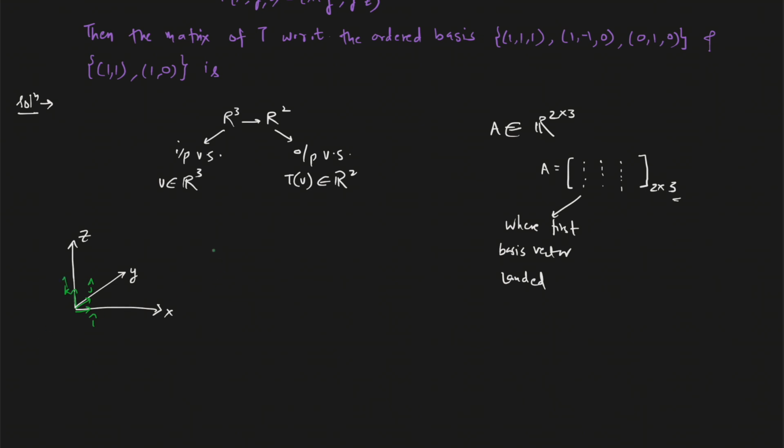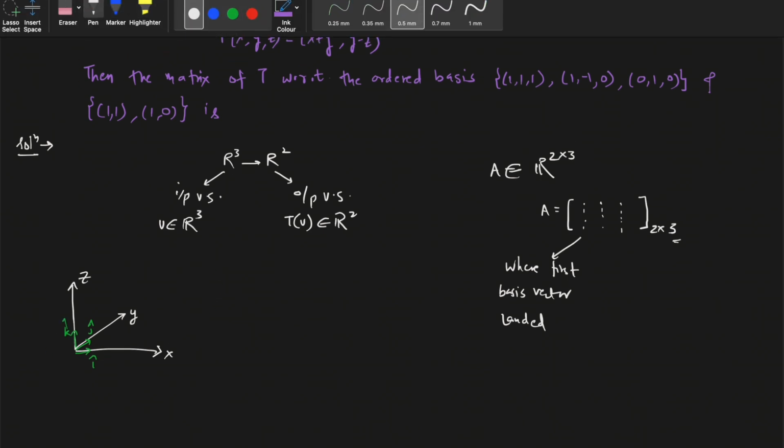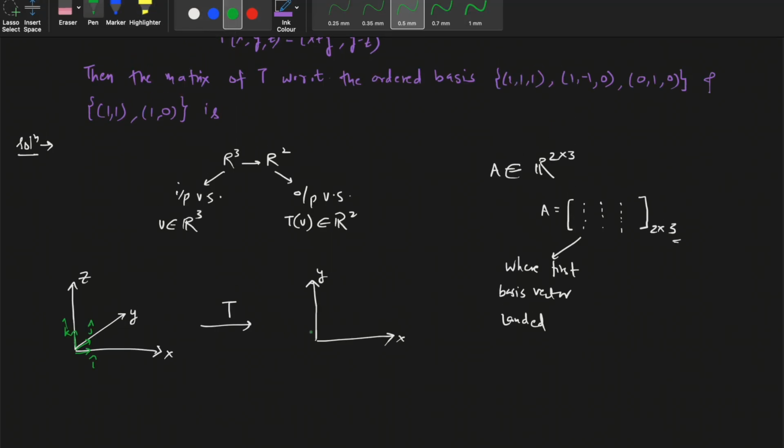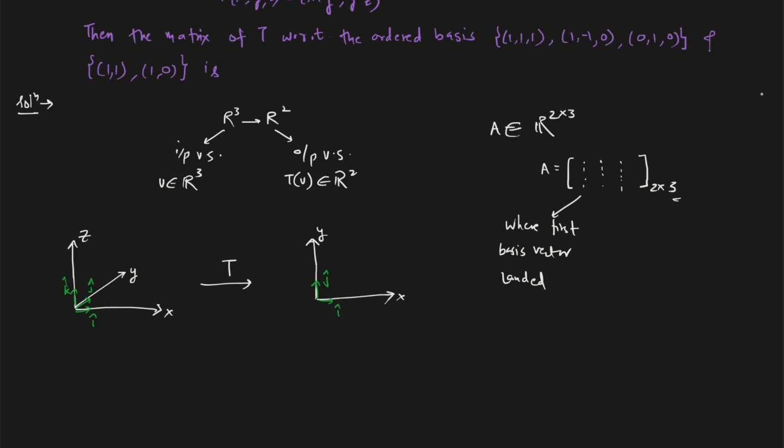And our transformation T is transforming it to R2. Here is the x-axis and here is the y-axis, and we know the standard basis set for R2 is i hat and j hat. So a three-dimensional vector is getting transformed to a two-dimensional vector using this transformation T.